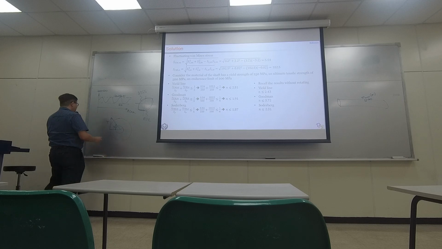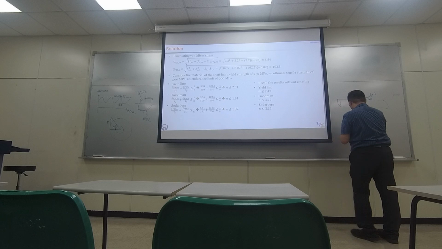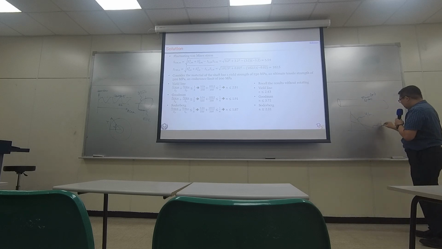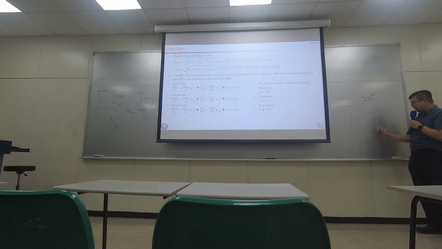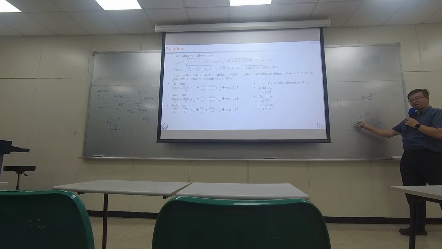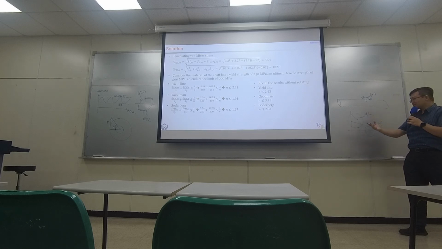Because when the Goodman model looks like this, and this is the yielding, this is a yield line, and this is Goodman, right? So Goodman is more aggressive on the average part, but it's more conservative on the amplitude part. So if a material is carrying more amplitude part of stress, Goodman is actually more conservative.